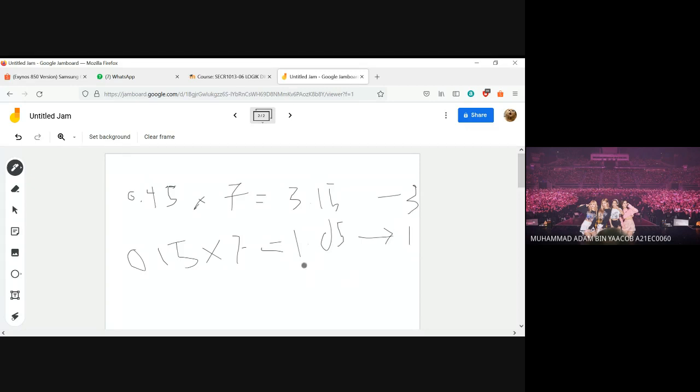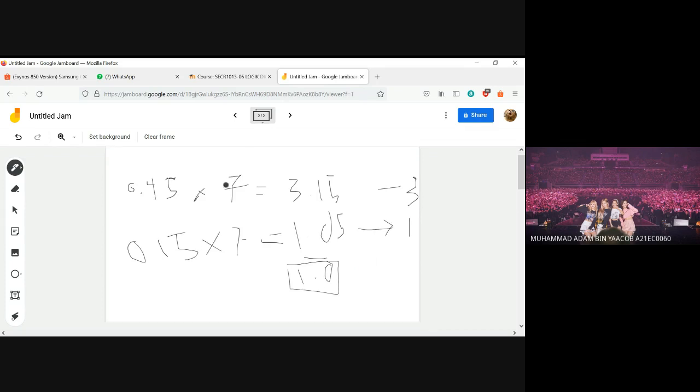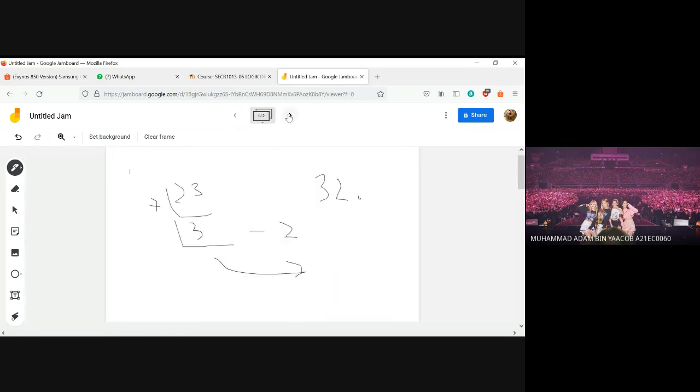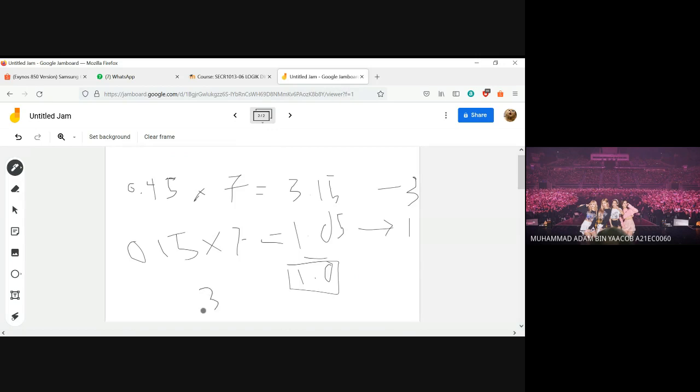So assume this one is 1.0, so we will stop here. We will combine this with the front one, and we'll get 32.13 base 7.